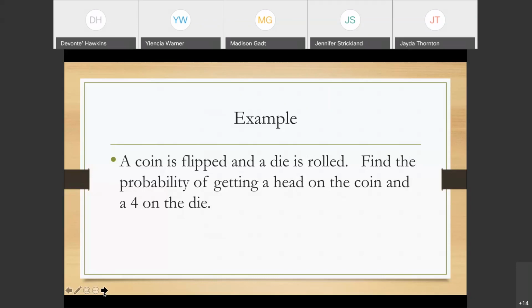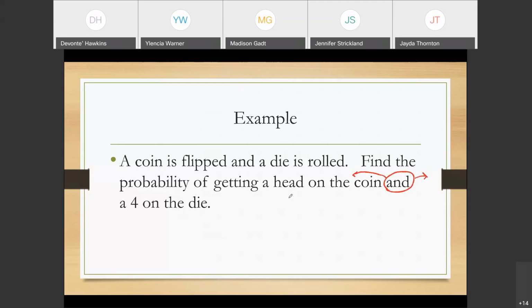Okay, so what I would suggest as you read through this problem, first of all, is that you pick up on the "and" in the question. It says find the probability of getting a head on the coin and a 4 on the die. So key in on the "and" so that we know it's going to be an "and" problem. Then we look to the left, and that gives me one of the events. And then we look to the right, and that should give me the other one.